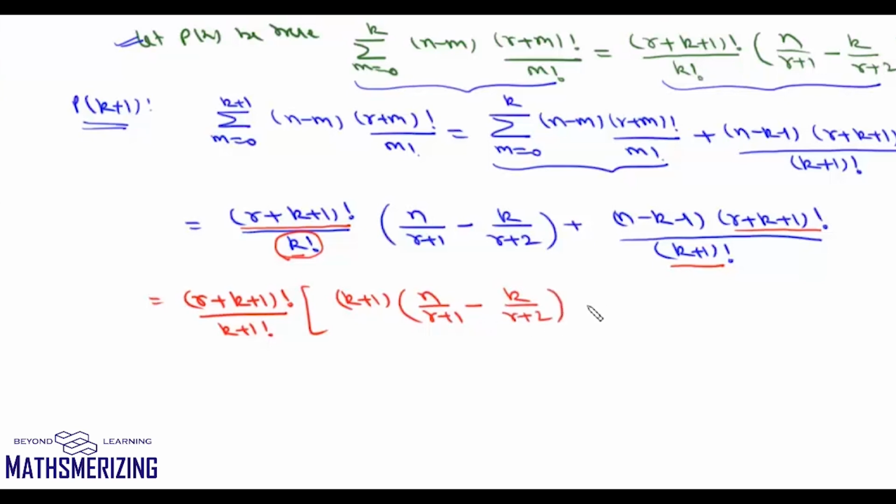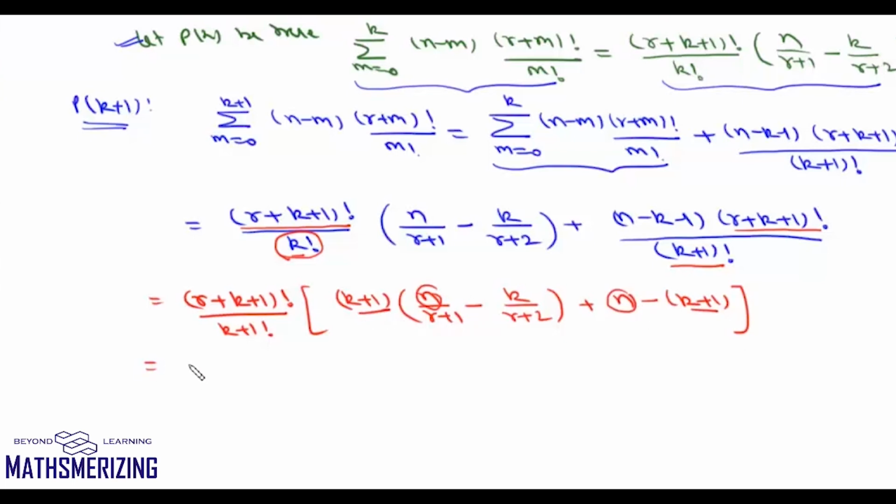So now I'll get k plus 1 into n upon r plus 1 minus k upon r plus 2, and then plus n minus k plus 1. Now we'll take this n together and we'll take k plus 1 together.